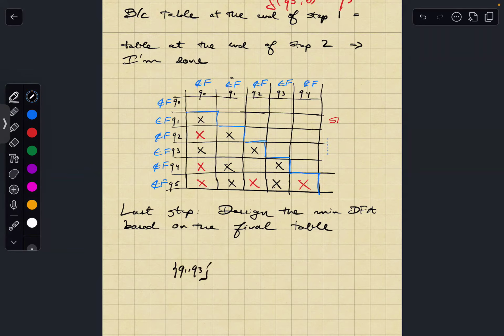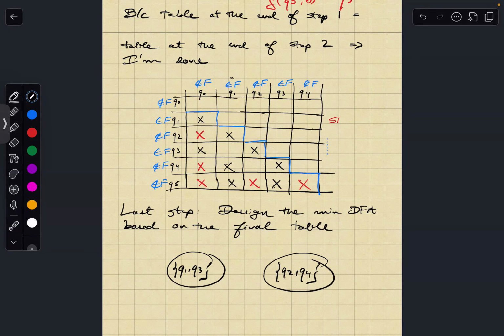Then again, I do the same thing for the other slots. So here I have Q4, Q2. They're indistinguishable from each other, and so they should also be in a set, which should represent a state. So that's why I'll circle them.